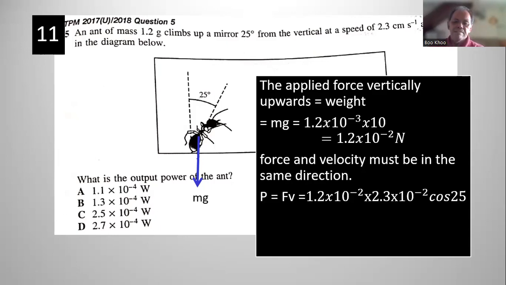So force is our weight, and velocity we want vertically, so we resolve it with cos 25. So that's our answer, C.